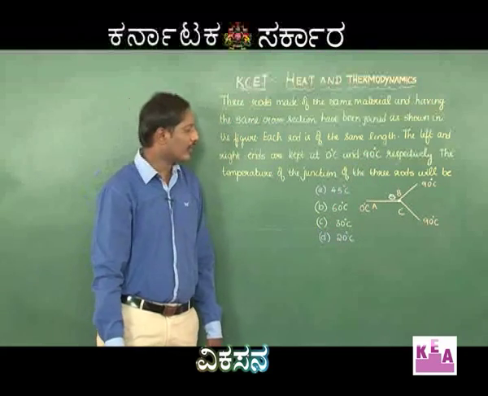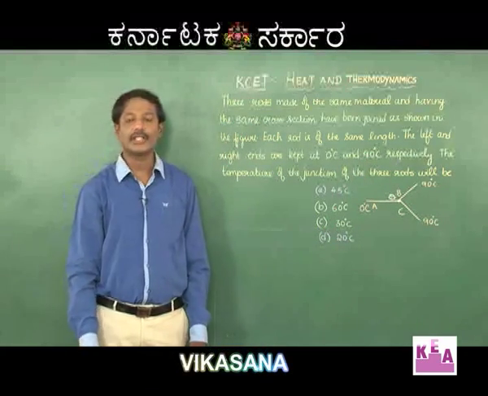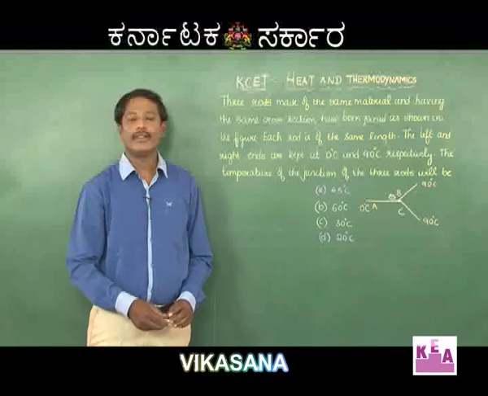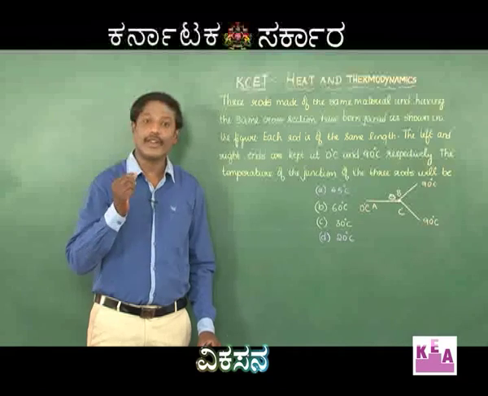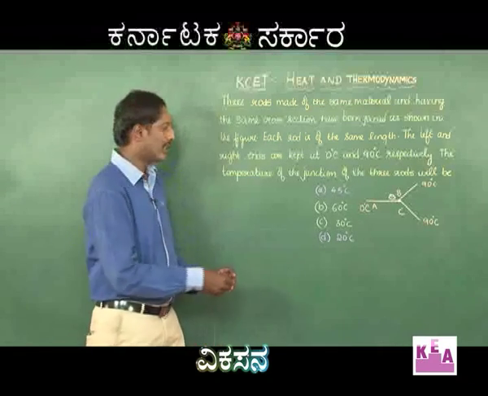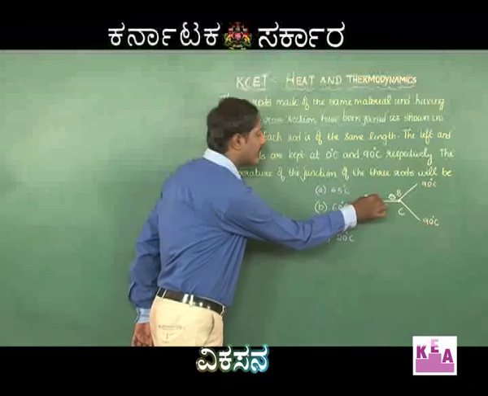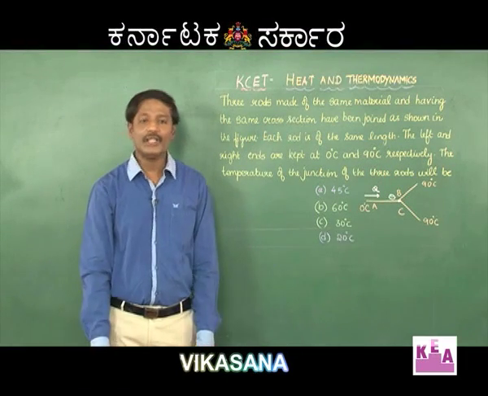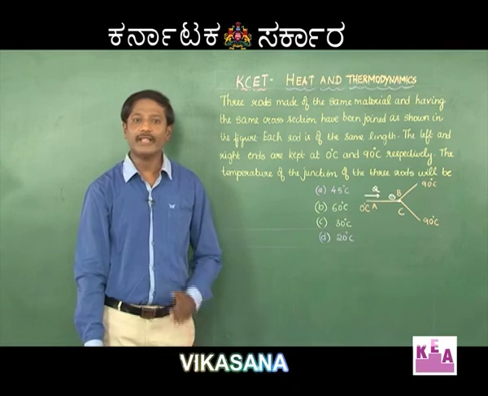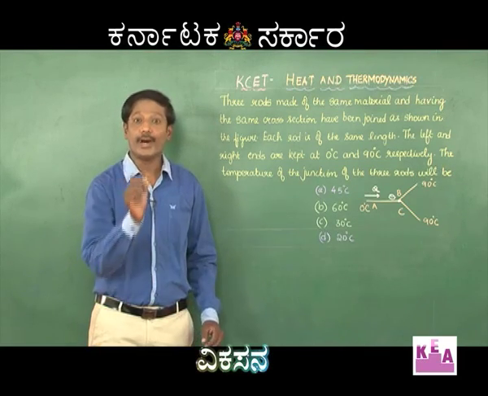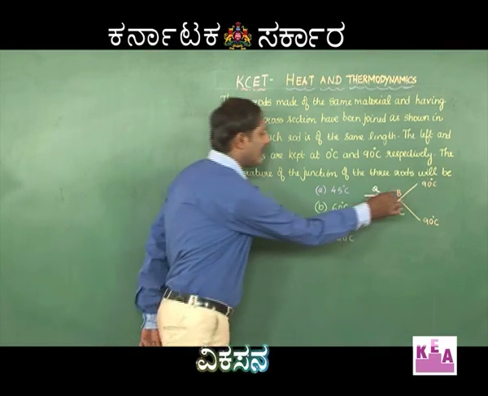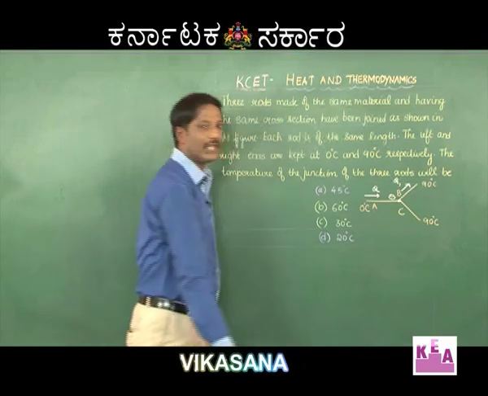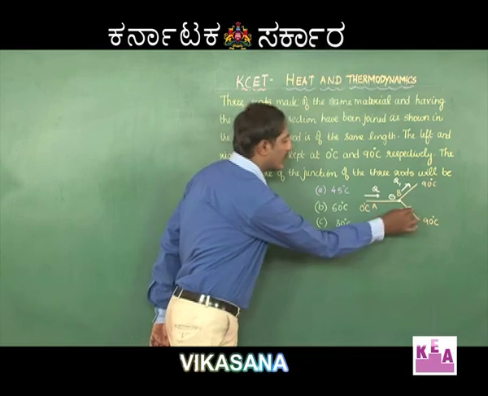Clearly in the diagram, when the amount of heat flowing in the first rod A is, let us say, Q, at the junction that amount of heat is going to split. Part of it flows in B, let us say Q1. The remaining amount of energy flows through C.